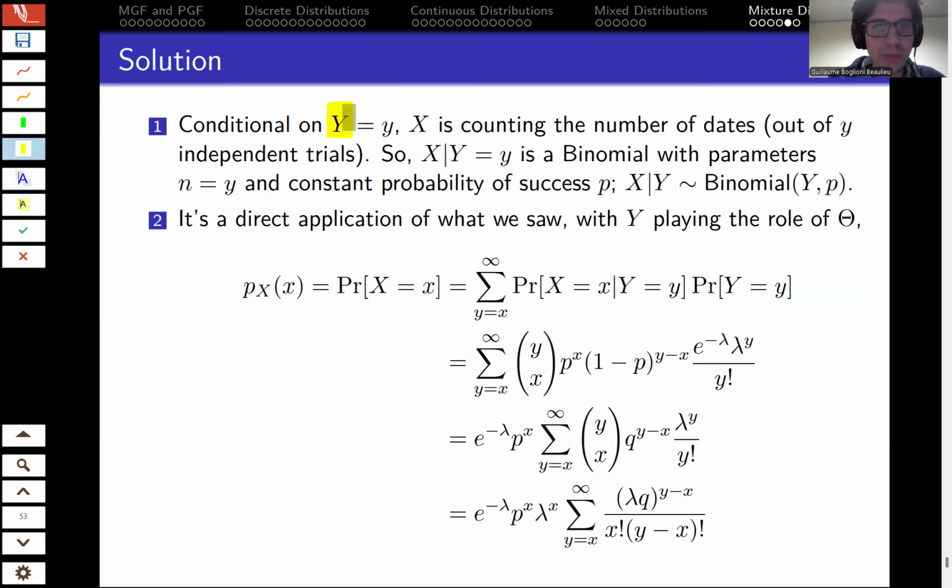Conditional on y being equal to a specific value, X counts the number of dates out of y independent trials. So the conditional distribution is here: X given y took a specific value, little y, is a binomial with parameters, of course, number of trials little y, and probability of success as before, little p.